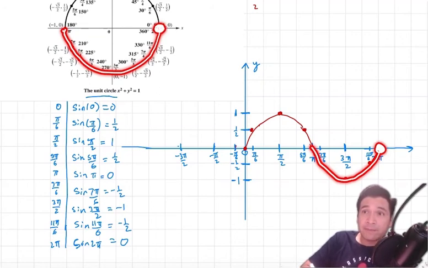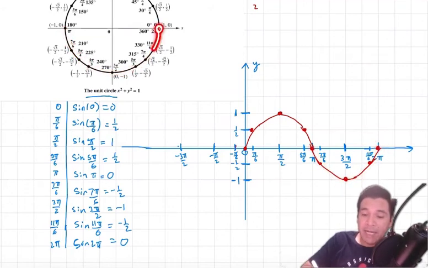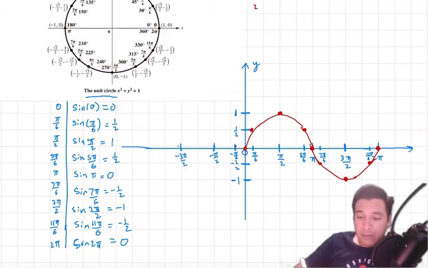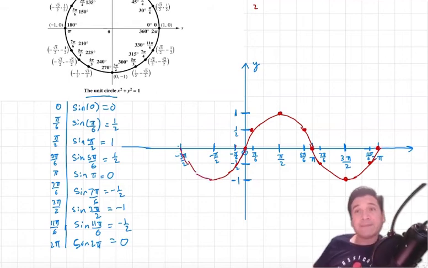So therefore, this half that's traced out here as we are going clockwise is going to be down here like this. So you get the sine curve, it would be something like this, coming back up to 0 like that.